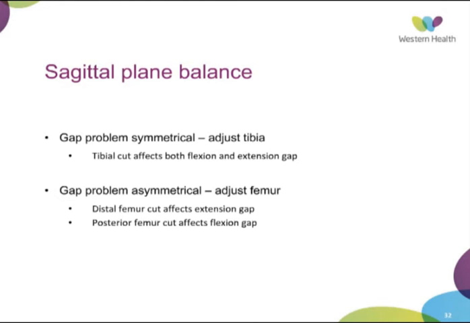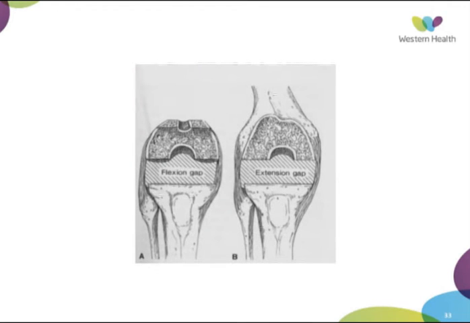And you can think from this diagram, if we take more tibia off, it's going to affect both the flexion gap and the extension gap, but the extension gap can be governed alone by a distal femoral cut, and the flexion gap by the posterior.